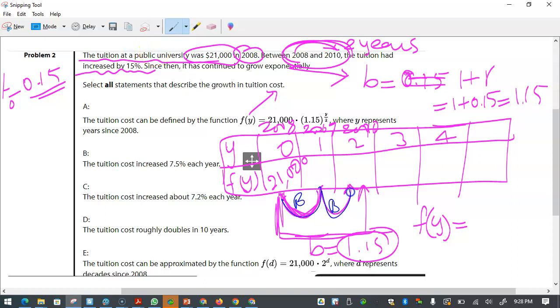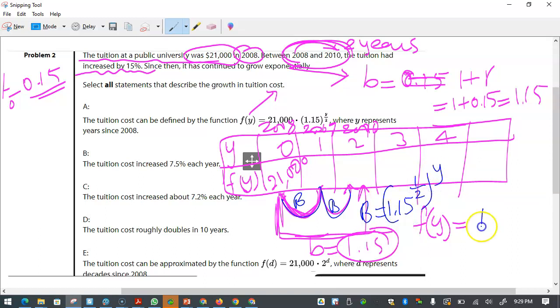And because there are two like this, that b will be the original 1.15, 1.15 raised to the years. So it's going to be 1 divided by 2, because there are 2 years, and raised to y.